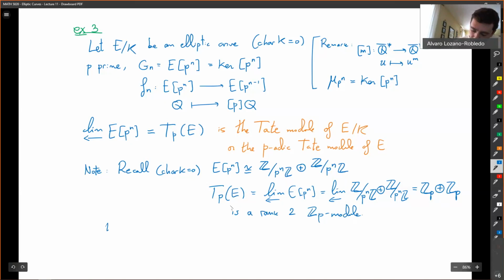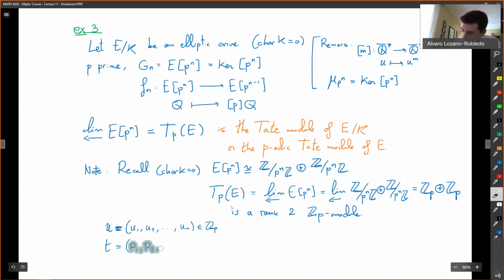So if I have a p-adic integer u, with components u1, u2, etc., un in Zp, and I have an element of the Tate module, which is going to be a sequence of points, let's call them Q1, Q2, etc., Qn.